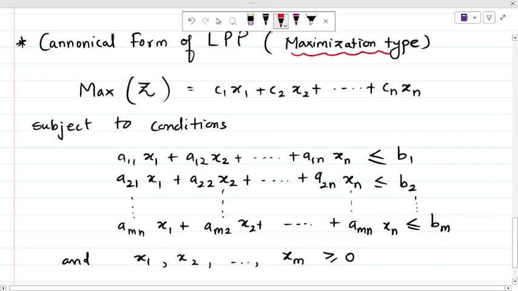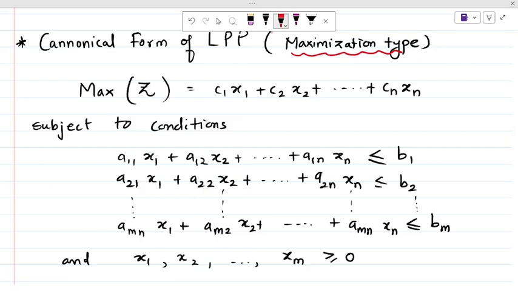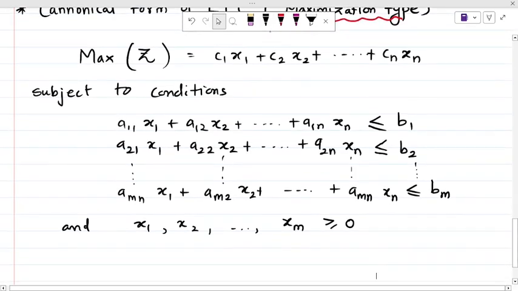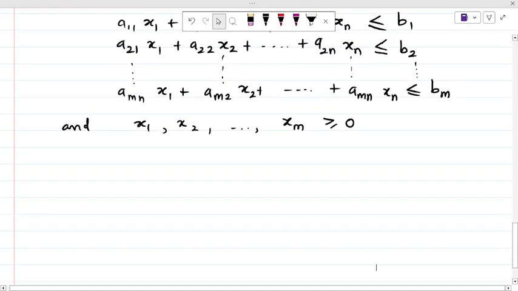When we consider canonical form, meaning the natural format in which the LPP is written, whenever we are considering the maximization type, we always want our inequalities to be of the format less than or equal to. The main conditions all should be of the type less than or equal to.